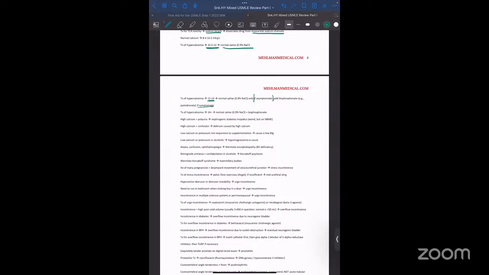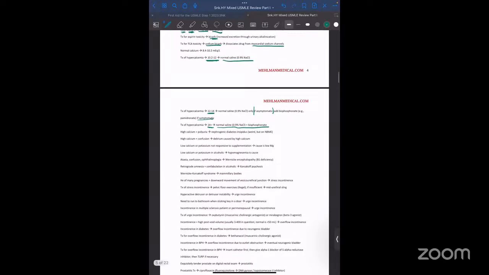Add a bisphosphonate if the patient is symptomatic. Then treatment of hypercalcemia when it's 14 plus: we give normal saline and a bisphosphonate regardless of the symptoms.